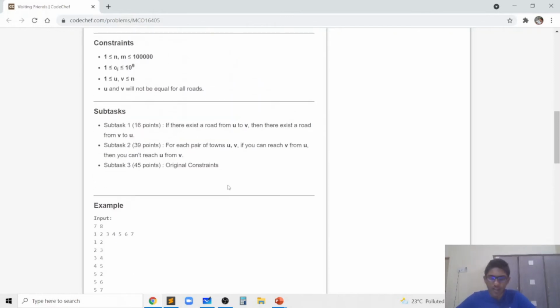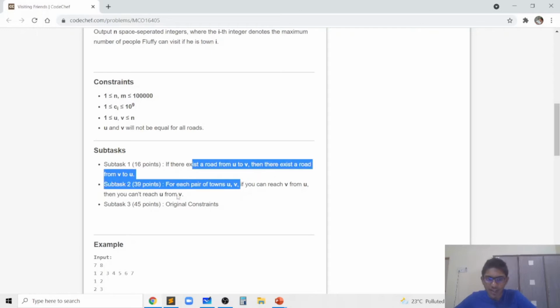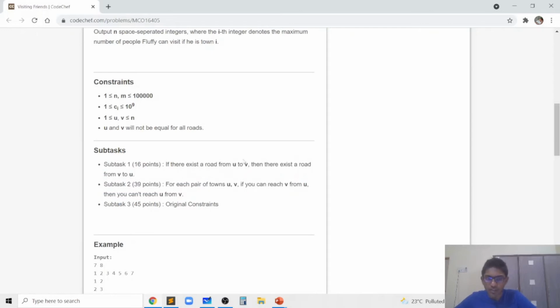Now before I explain the final algorithm which we'll use for the last subtask, I'll briefly go over the first two subtasks. In the first subtask we are given an undirected graph, because if there's an edge from u to v, there's also an edge from v to u. That's why in the undirected graph we can find out using a depth first search or breadth first search the total number of people for each connected component.